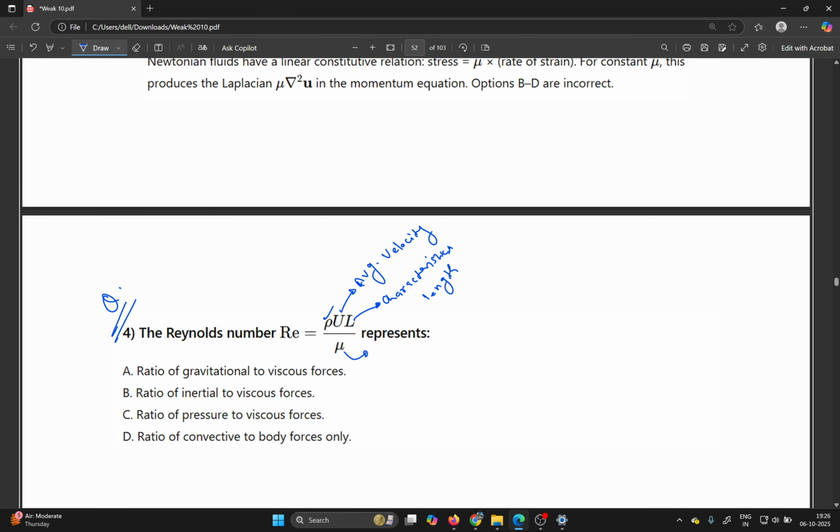Rho is, you know already, the density term. So the Reynolds number represents the ratio of gravitational force to viscous force, ratio of inertial force to viscous force, ratio of pressure to viscous force, and the ratio of convective to body force only. So you have the four options. Please try to write your answer.